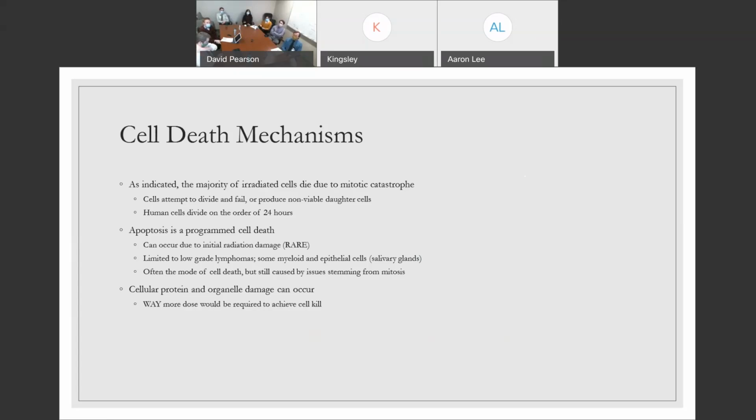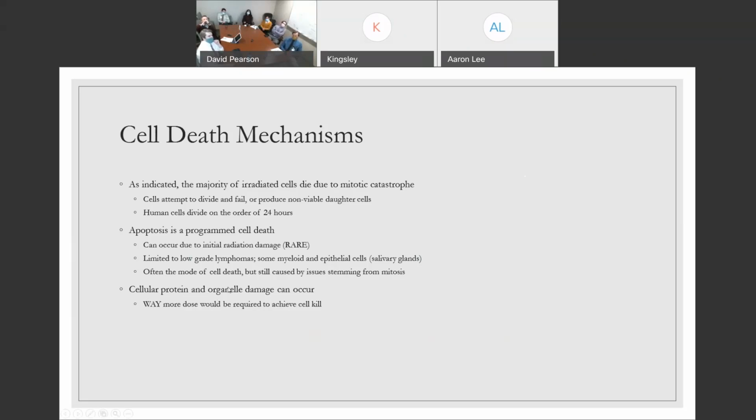So it's less likely that the cell is just able to detect radiation and initiate apoptosis on its own. It's usually an issue caused by a mitotic problem, where it divided, didn't have the genetic information it needed, and then decided it needed to die. So a lot of the time it happens a bit later on.